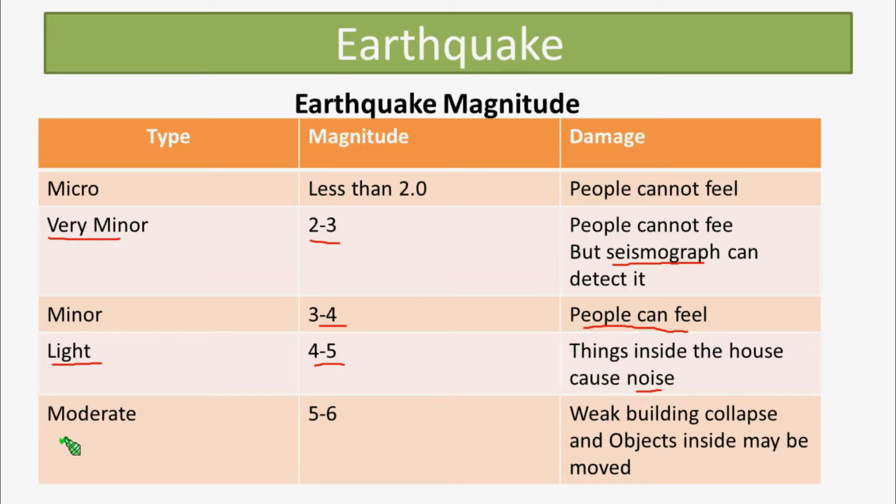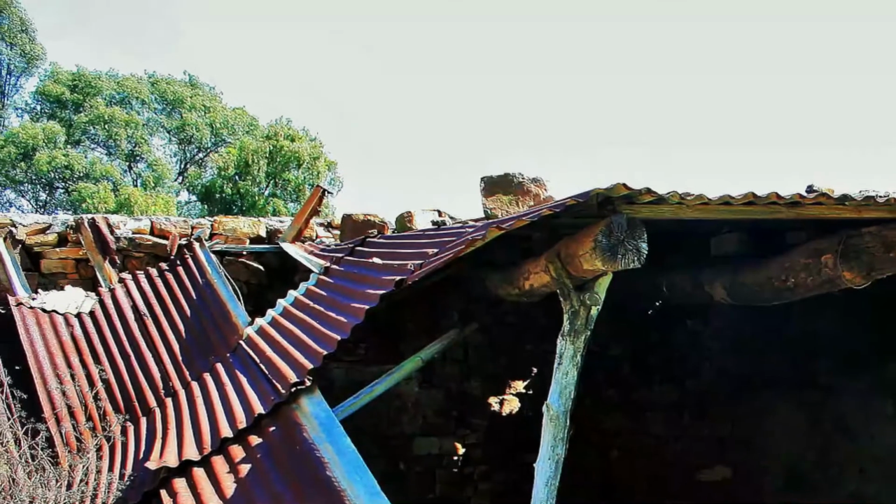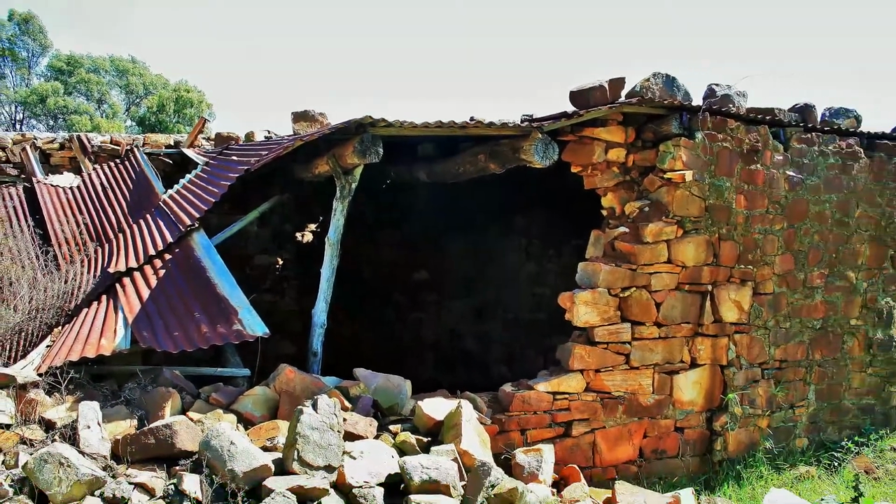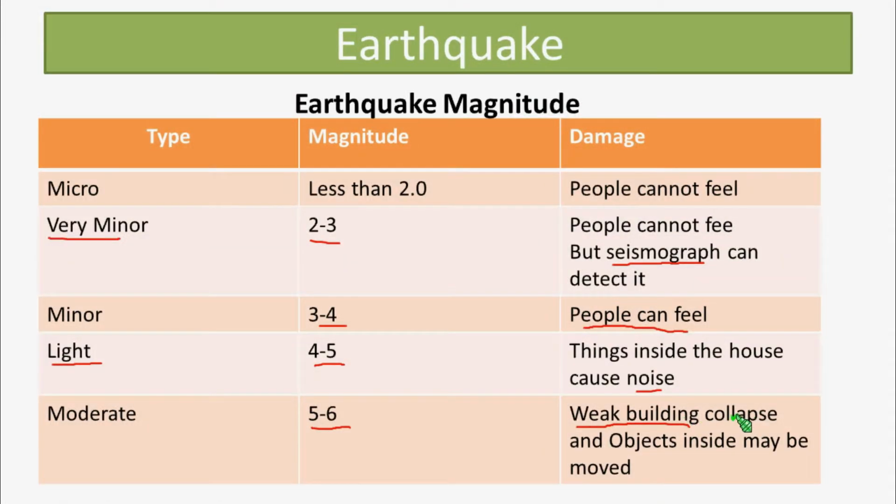Next we have the moderate earthquake, which is of 5 to 6 magnitude, and during this time weak buildings which are not very well made may collapse, and things lying inside the home like tables and chairs may move from one place to another.